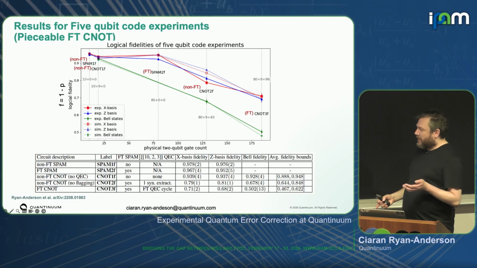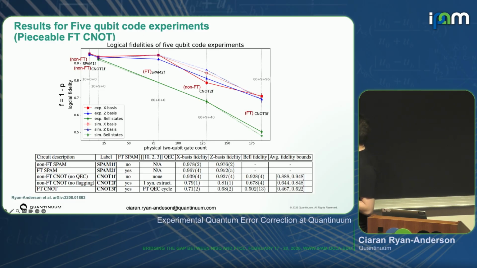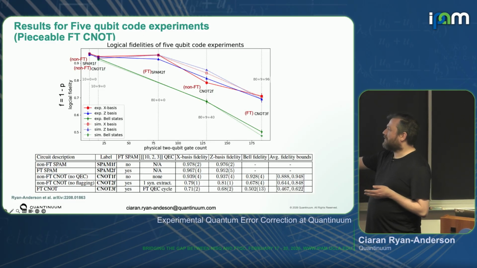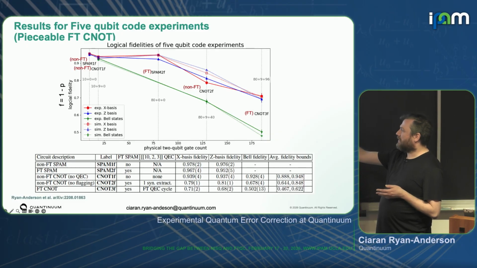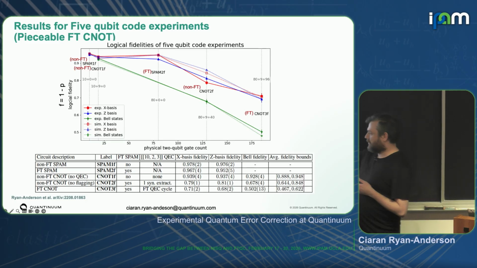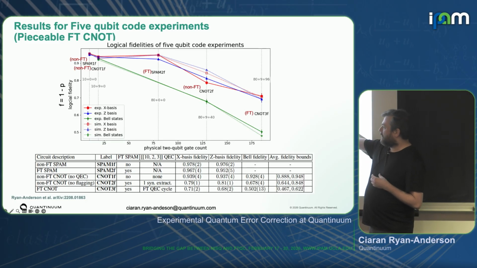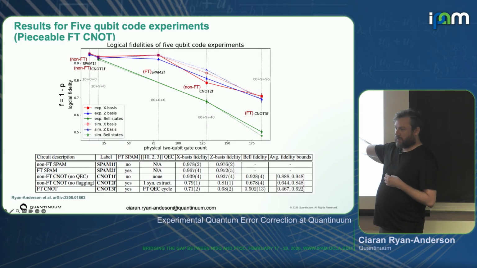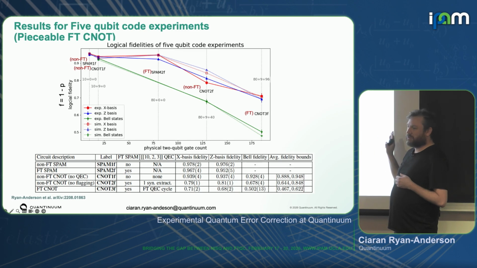It didn't perform great. There's a lot here, but essentially we're starting with SPAM and then we're applying CNOT without any of the syndrome extraction, and eventually we get down to applying the full syndrome extraction fault tolerantly. So this is just plotting the number of physical 2-qubit gates it takes to do these different circuits.